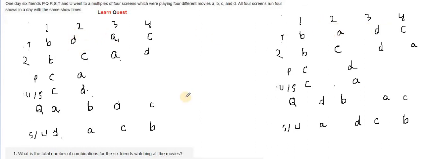Now let's talk about case 1. AB, AC, AD, BC, BD, and CD. Here AC is done, AD is done, DC is done, and CB is also done. Now we are left with AB and BD. Here it was AB, so here BA should come.